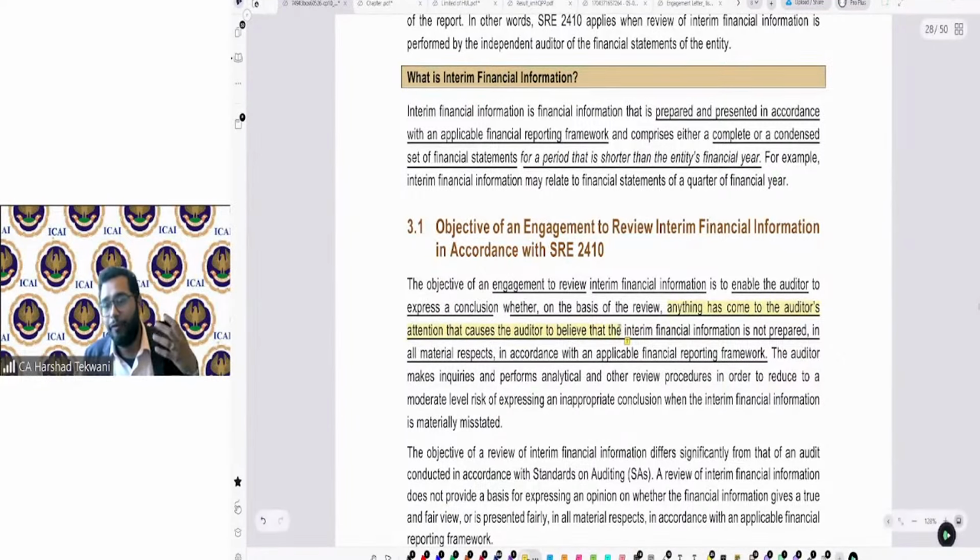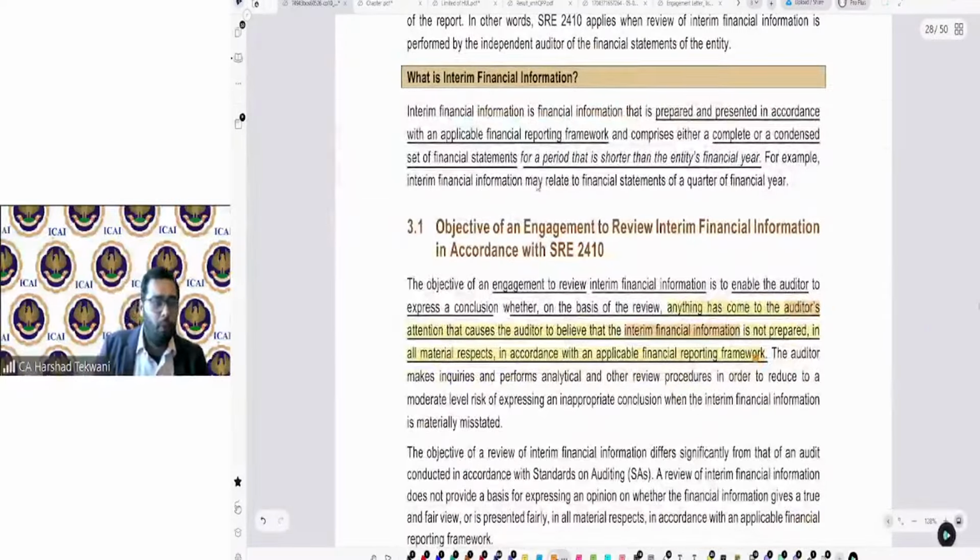Earlier we were talking about financial statements; now we are talking about interim financial information. So the change is the interim financial information. Another change is the word auditor instead of practitioner. Two changes, otherwise there is no change.